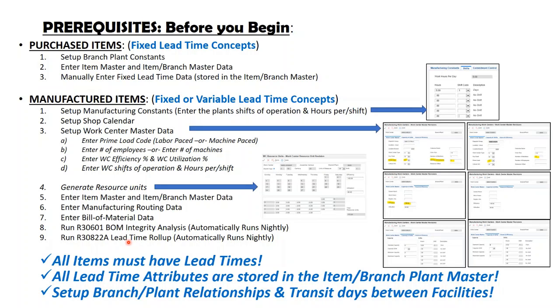We'll need lead times calculated for those, and R30822A is the program that we'll learn about that calculates lead times. So as we move through and demonstrate and discover lead times, it's important to know that before you start operations in the plant, all items must have lead times. All lead time attributes are stored in the item branch master.